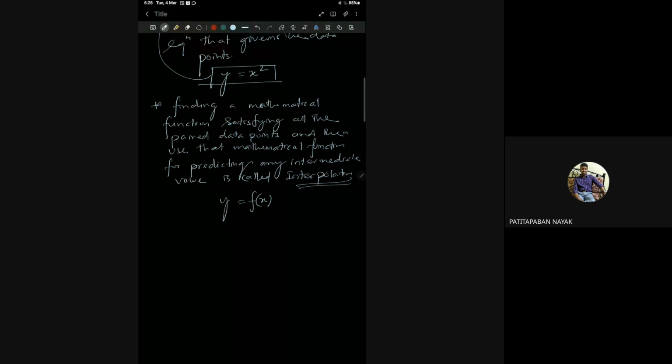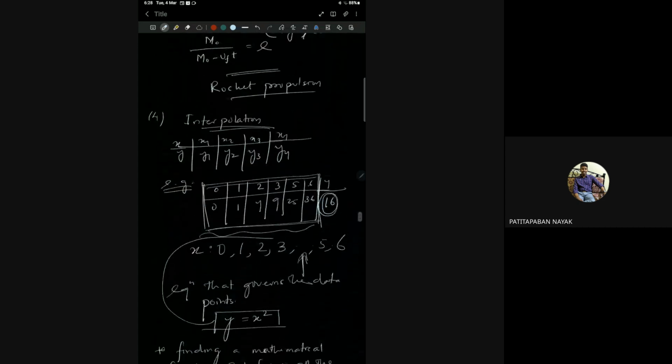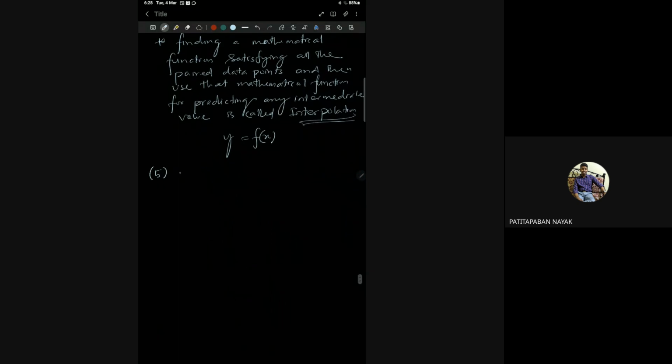Curve fitting, I guess many of you might have done earlier also. Suppose when you do some kind of experiment, you get data in the form of x and y, right?